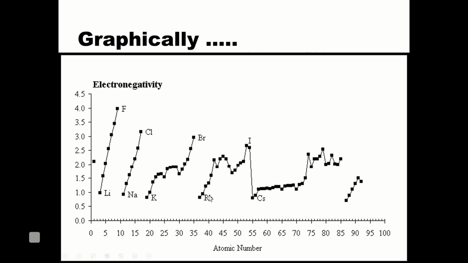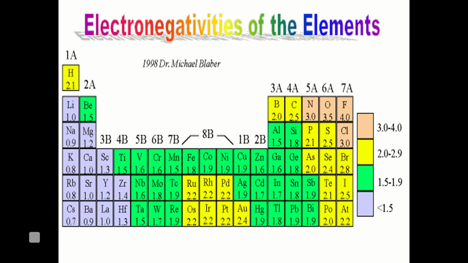Once again, you can see this with the graphs. This is going down a group. As you go down a group, it decreases. As you go across a period, it increases. This is just showing all the different electronegativities. You can look at the numbers there. You can pause it for a minute if you want to take a look.